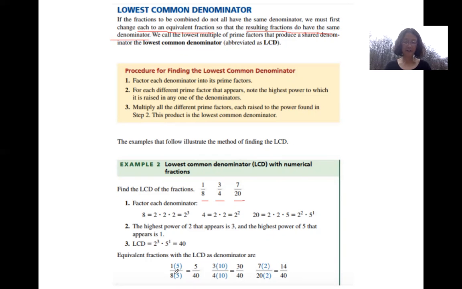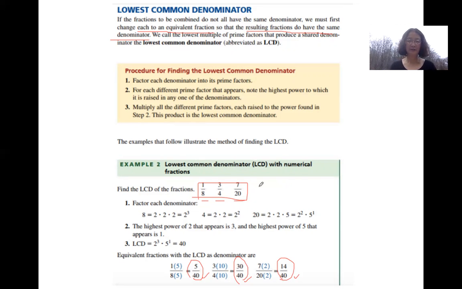See, these three resulting fractions have the same denominator. So how can we go from here to our final destination? This process uses the lowest multiple of prime factors. We use a lowest common denominator.